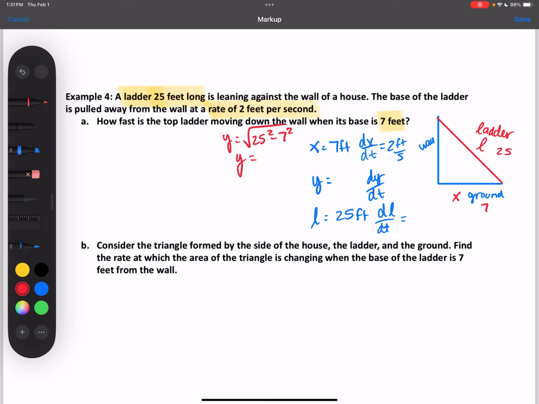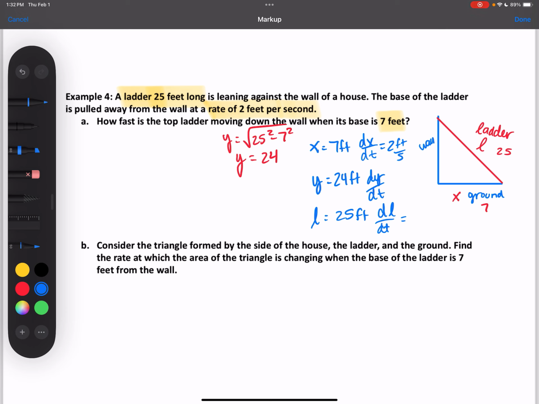I don't know that off the top of my head. Square root. I can't do it. 24. That makes sense. All right, so 24 feet.